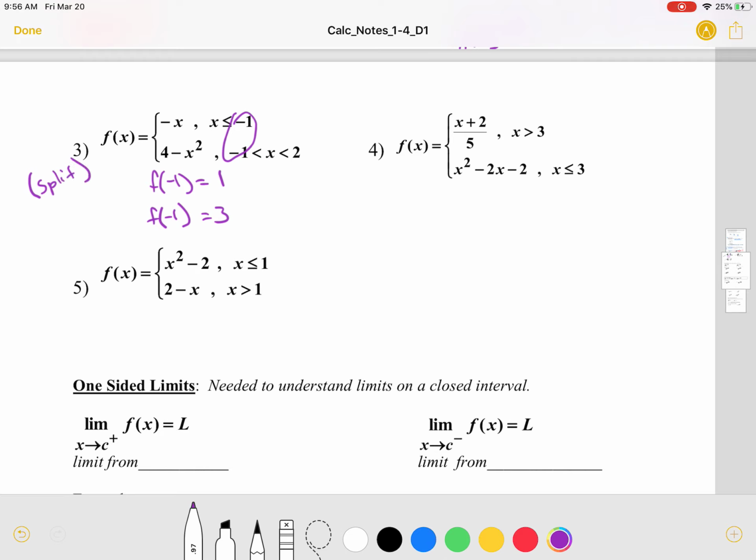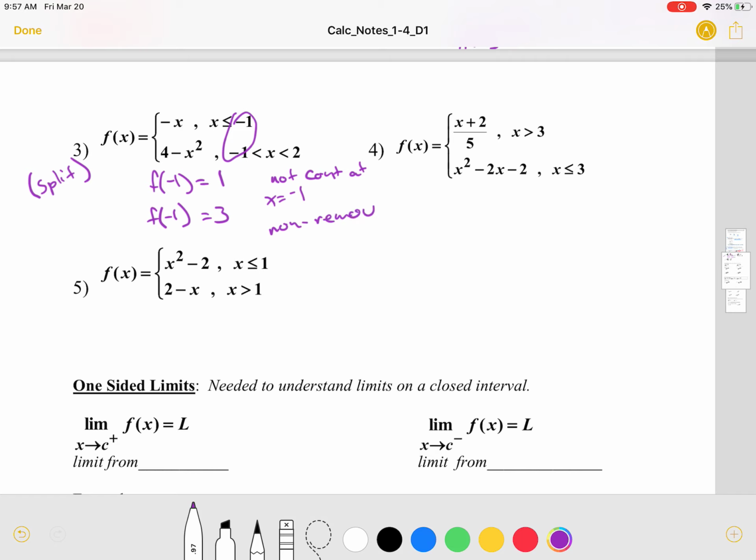So when you have a split, when you're coming at it from both sides and you see that the limit is different, then that means it is not continuous at x equals -1. Okay? All right, and we also know there's nothing we can do to this one because it's a split. It becomes non-removable.